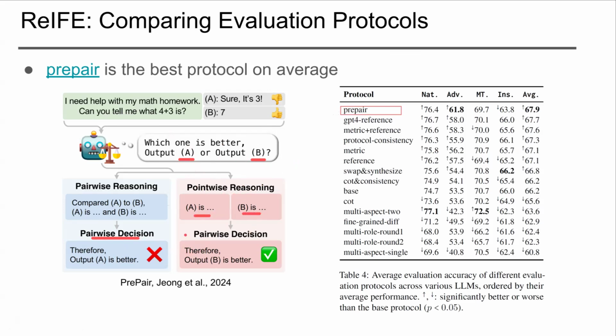And then finally, it produces an output. This was a protocol introduced by prior work. And it means that basically it is better to generate a rationale and then the pairwise decision across different models.